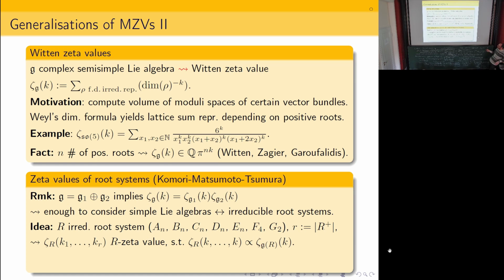So you have your positive roots, you have the fundamental ones, which are just x1, x2, and the others, which are going to be linear combinations of the fundamental roots. And each of those will have some power k_r. And by the dimension formula, this is going to be proportional to the Witten zeta value of the Lie algebra associated with the root system. And this proportionality factor here is just going to be 6 to the k.